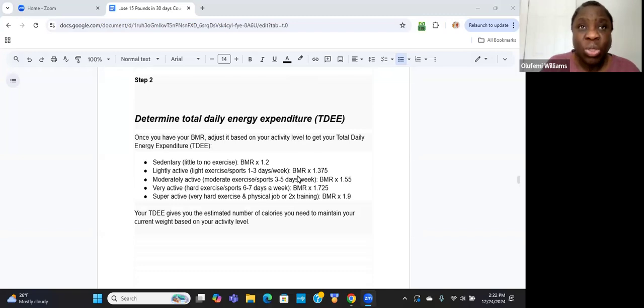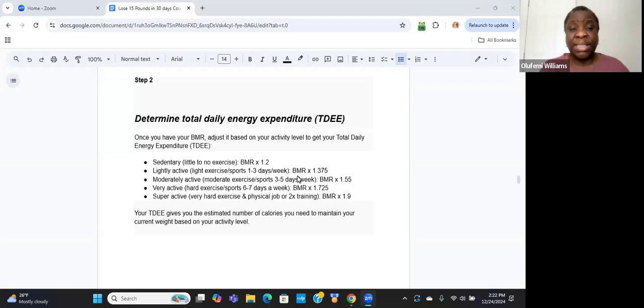After you know your basal metabolic rate, how do you determine the total daily energy expenditure? How much energy do you use? We are going to multiply your basal metabolic rate by an activity factor. People who do little to no exercise multiply their BMR by 1.2.